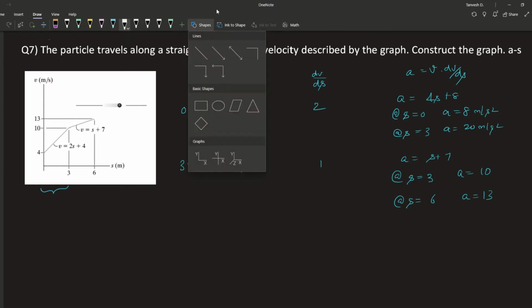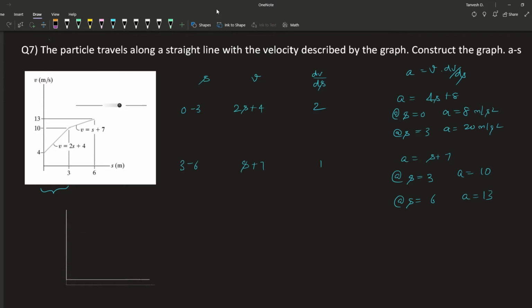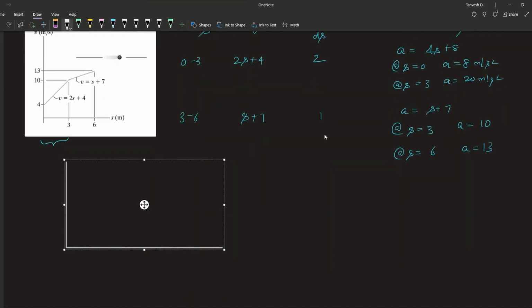Let us plot the graph here. So this is the acceleration displacement graph from 0, 3 and 6. At 0, we have acceleration as 8. So let me choose a scale of 5, 10, 15 and 20.